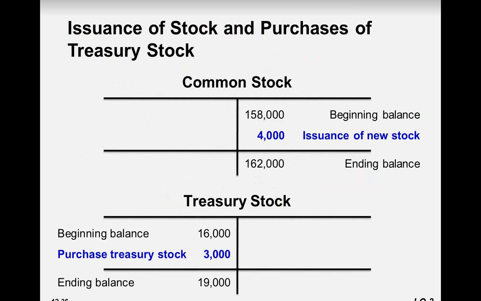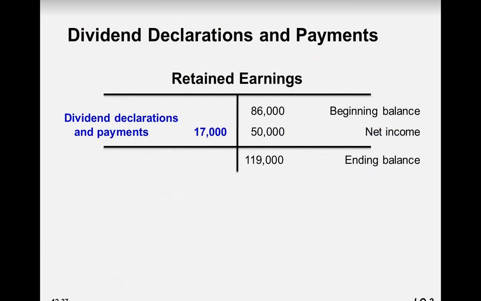Again, if I issued stock, I credit stock, debit cash, more cash. If I buy treasury stock, I debit treasury stock, credit cash, so less cash. Retained earnings, if I pay out dividends, I debit retained earnings to reduce retained earnings, credit cash to reduce my cash.